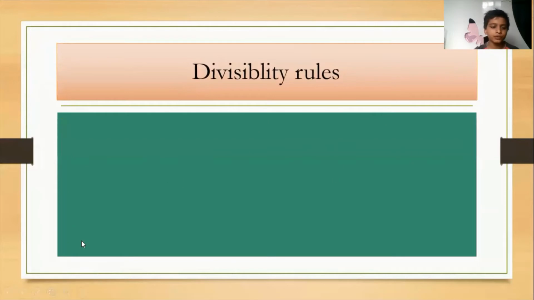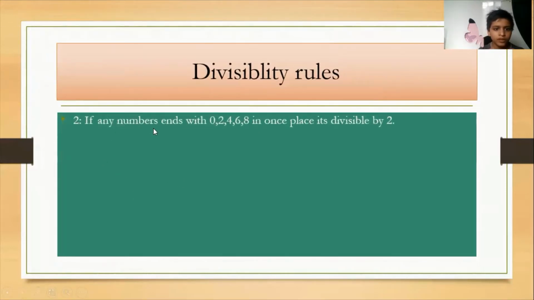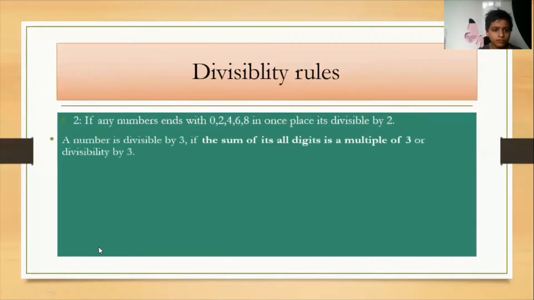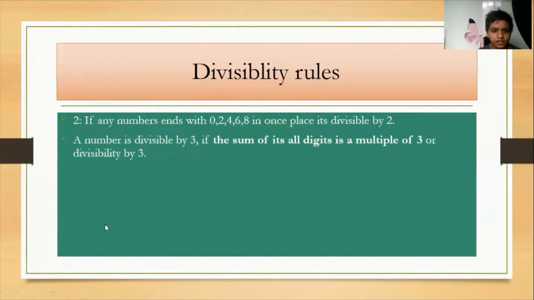Now, divisibility rules. If any number ends with 0, 2, 4, 6, 8 in the ones place, it's divisible by 2. A number is divisible by 3 if the sum of all its digits is a multiple of 3 or divisible by 3.